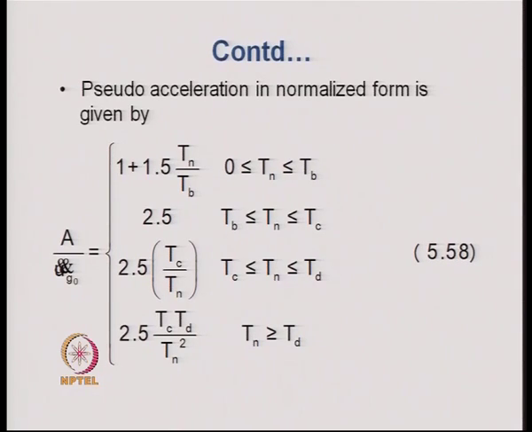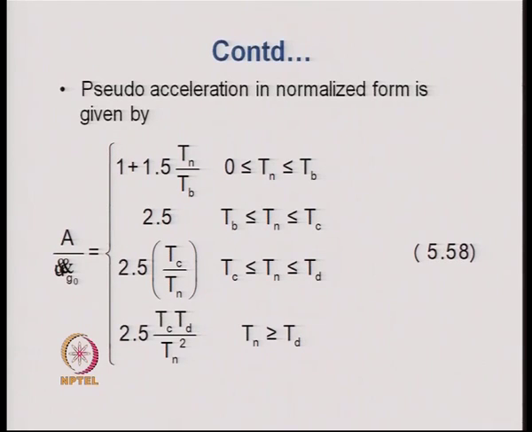So, Tb is the starting of the horizontal portion of the spectral acceleration, and up to that the variation is given by the first equation. And we can see that from Tb to Tc, the value of SA by G0 remains equal to 2.5 constant, that is it becomes a horizontal line.